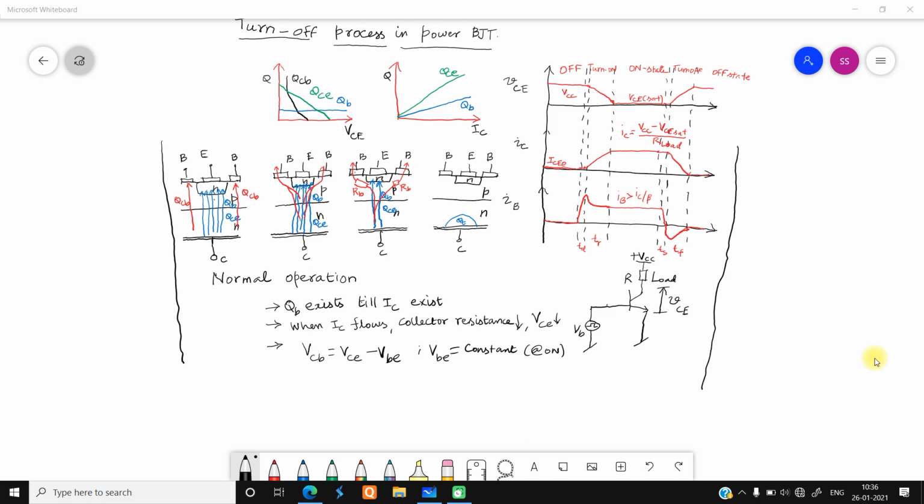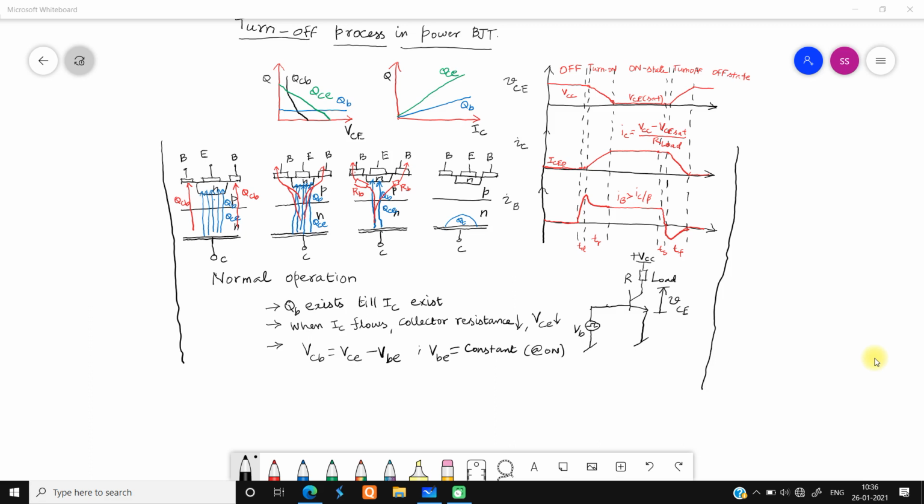Since the conventional BJTs will be having the charges stored inside the junctions of the device very much smaller, the turn off process may not be a complex one.